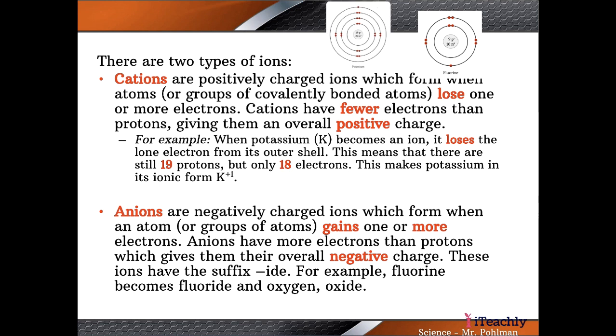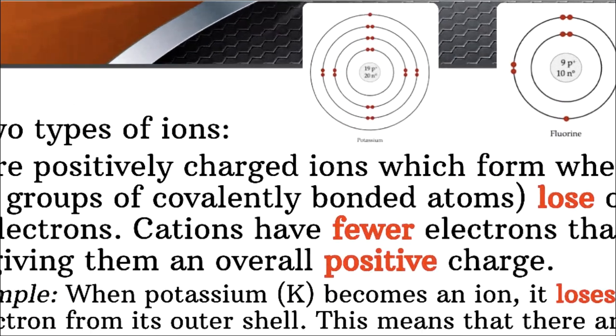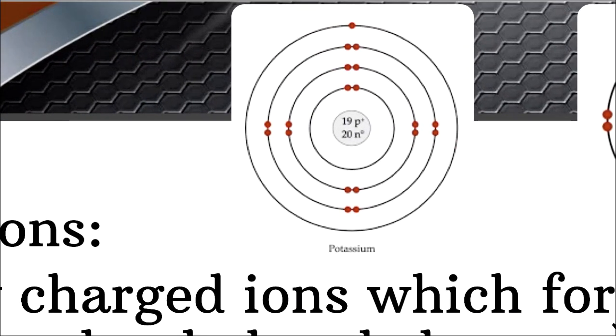Okay, there we go. All right, now, if we have these positively charged ions, things that are losing electrons, what is the reasoning for this? Well, let's take a look at potassium. See, potassium, it has 19 protons, 19 electrons. You're going to notice that this electron right out here, that makes potassium extremely unstable.